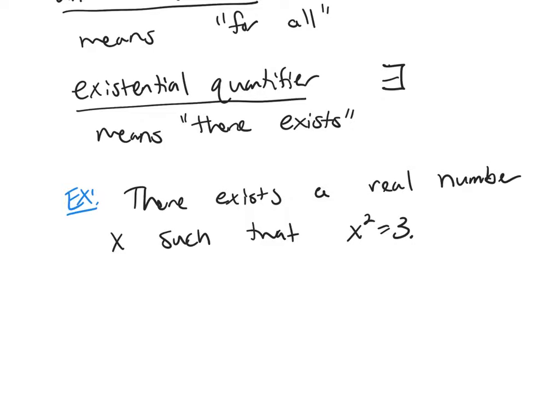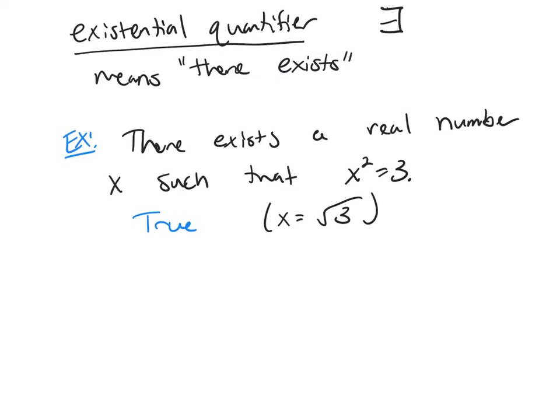And we can ask if this is true or false now. This statement is true. We only have to have one value for x, and square root of 3 would solve that equation, but that's not the only option. You could have also chosen negative square root of 3.